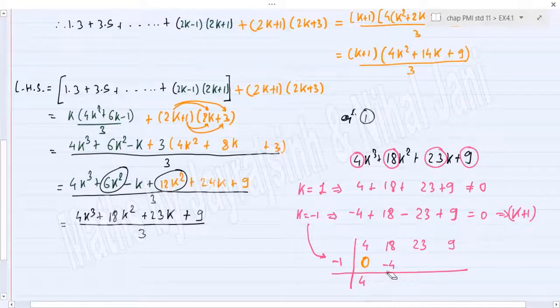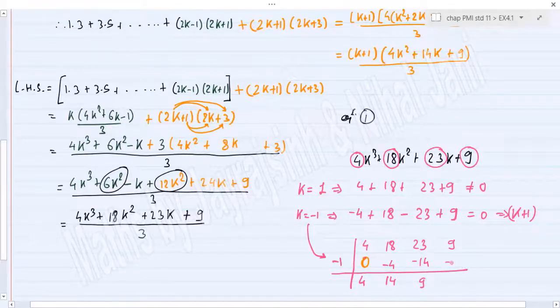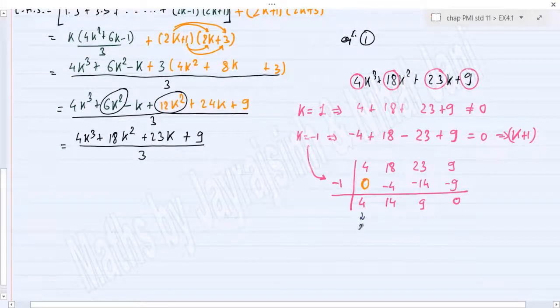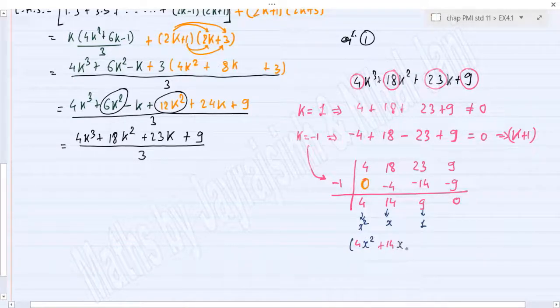So 18 minus 4 will be 14, 14 into -1 will be -14, 23 minus 14 will be 9 and 9 into -1 will be -9. This is your coefficient of x square, this is the coefficient of x and this is the constant. So you will get 4x square plus 14x plus 9 into the original factor, which is k plus 1.